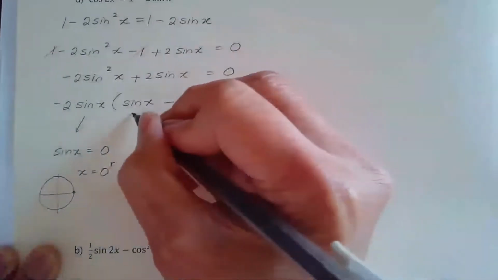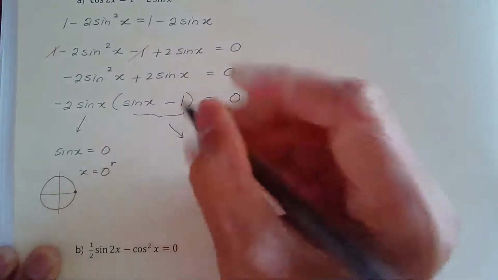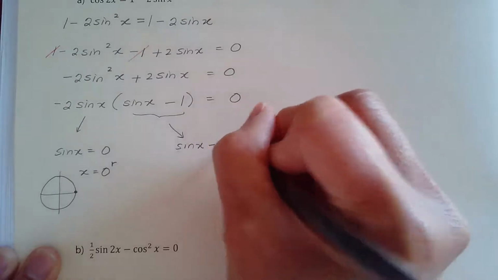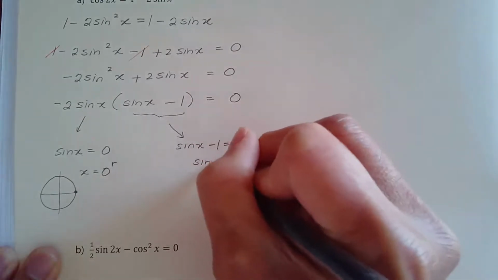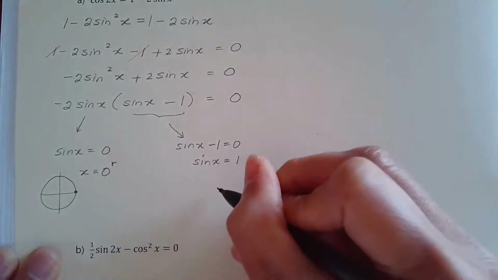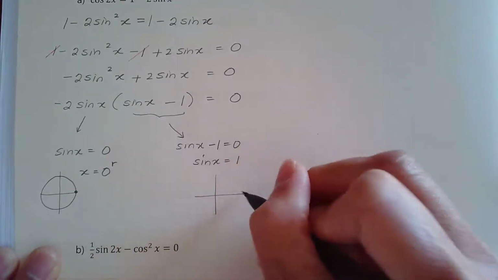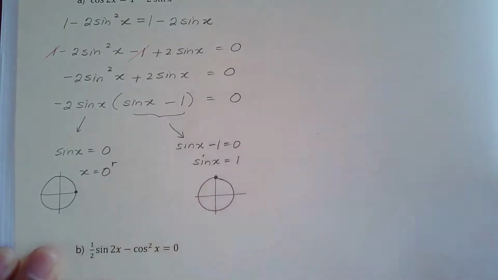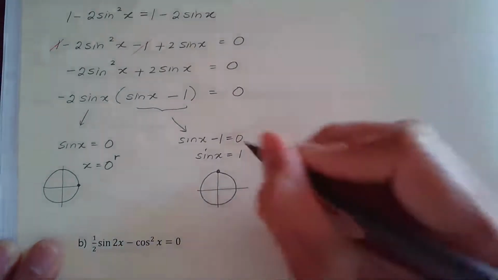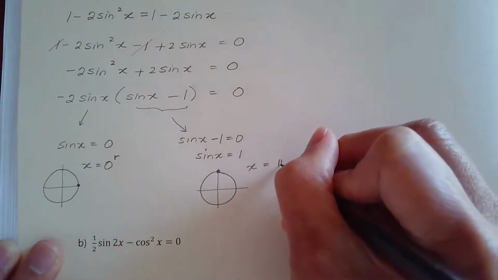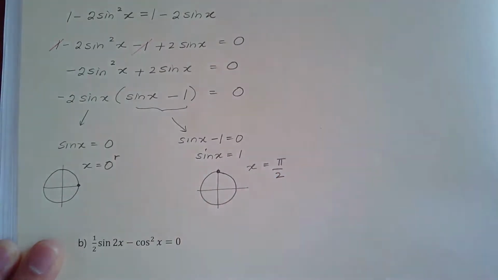Now what about this part? Sine of x minus 1 equals 0. Therefore, sine of x equals 1. So where is sine of x 1? Sine of x is 1 right there. So that's at x equals pi halves.